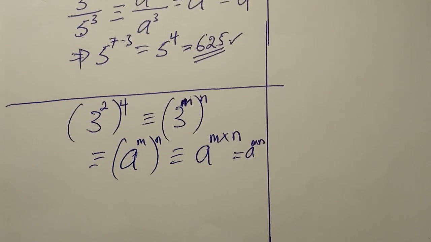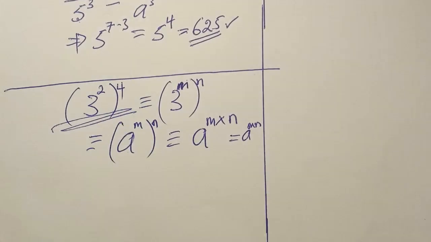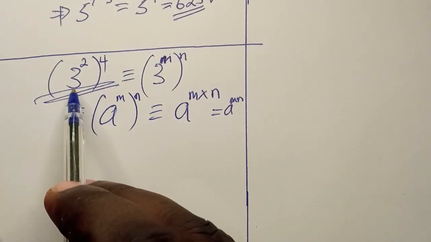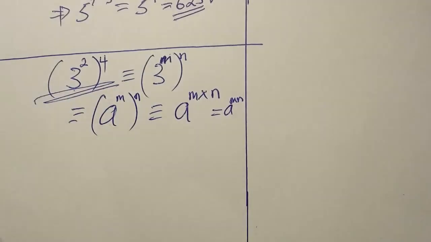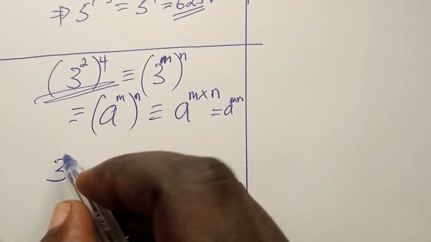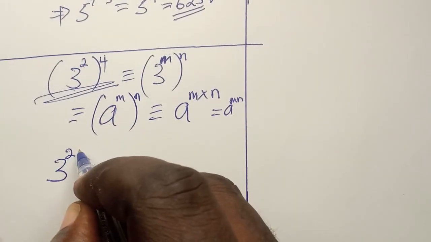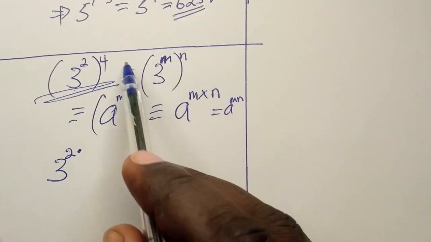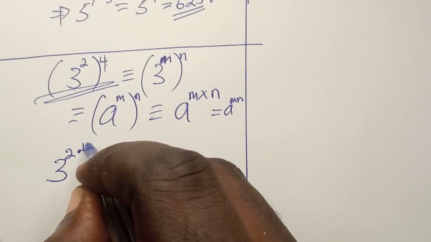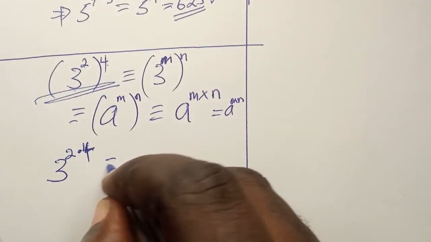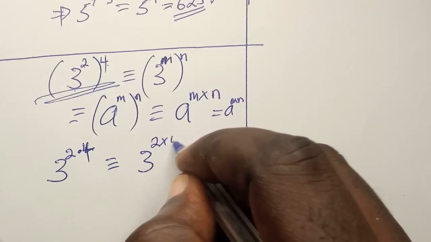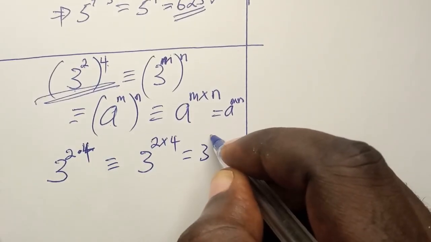It's the same thing we are going to use in this particular expression given to us, which in this case is going to be, let's take the 3 as a. So we are going to say 3 to the power m, which is 2, times 4, which is n. So it is the same as 3 to the power 2 times 4, which is equal to 3 to the power 8.